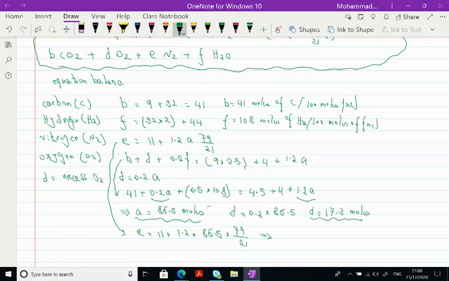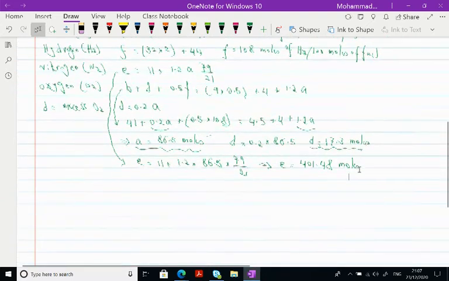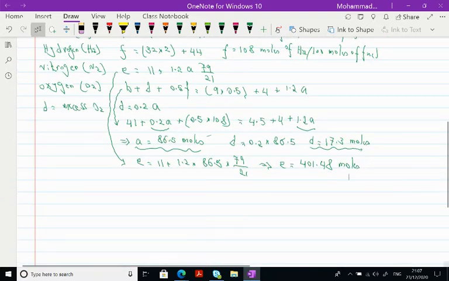So from here we get E equal to 401.48 moles. So we got all the unknown coefficients in our combustion equation.